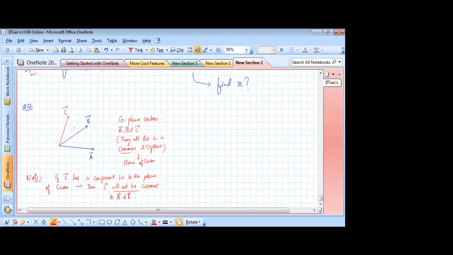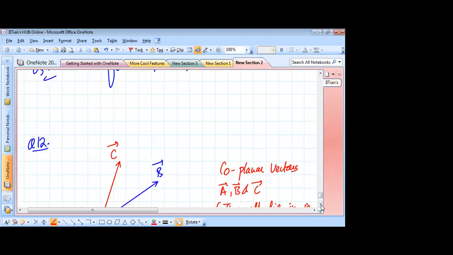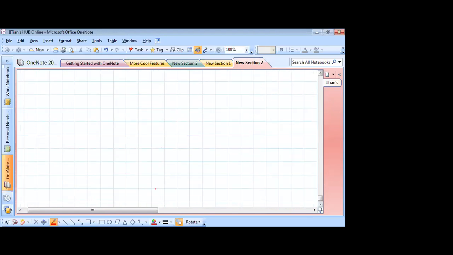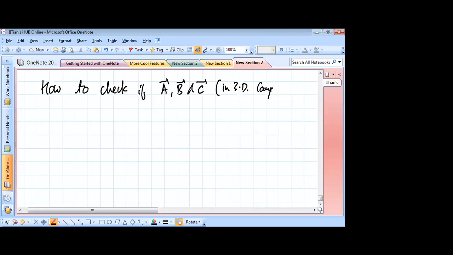So how do we check if three vectors are coplanar or not when they are given in three-dimensional form? If they are given in two-dimensional, then obviously they are coplanar. So next thing is how to check if A, B, and C, all three in three-dimensional component form, are coplanar.